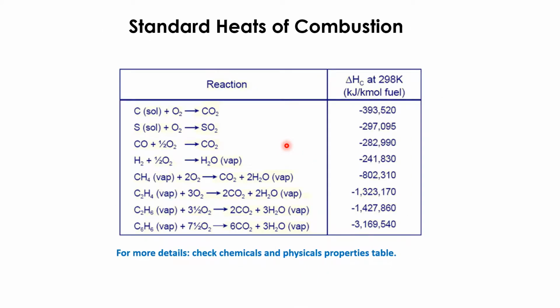If you look at the previous equation, delta H2, which is the delta H of combustion, the values for typical fuels such as carbon, sulfur, CO, hydrogen, methane, and so on can be seen in this table. If you want more detail, you can check the chemical and physical properties tables, which will also be provided on the website.